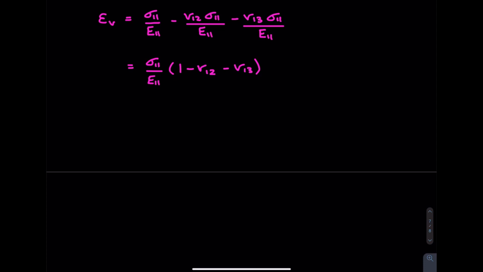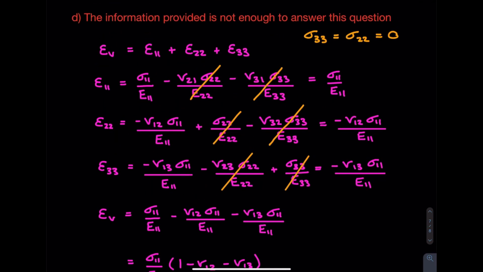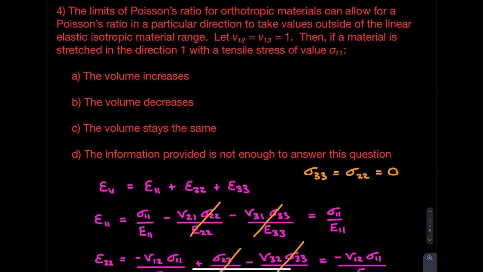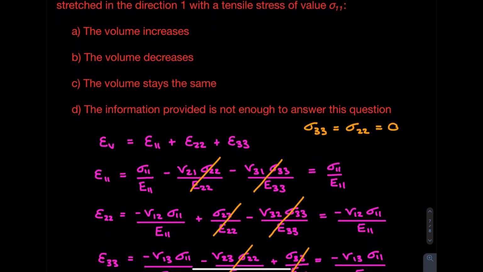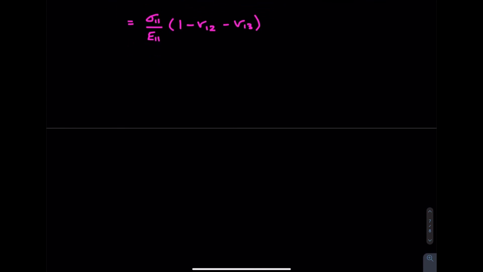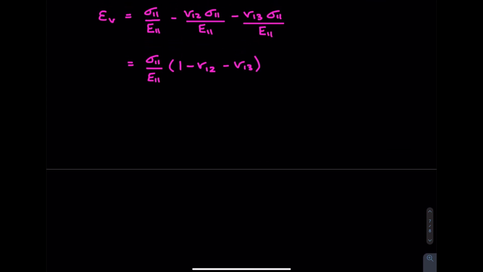Now we can simplify this a little bit more, because if we scroll up to the top of the question, it gives us a nice piece of information that says let V12 equal V13, which is equal to 1. So that's a very key piece of information, because I can come down to my formula here and say, all right, I'm going to switch colors. And this right here is equal to 1, and we know that this right here is equal to 1.